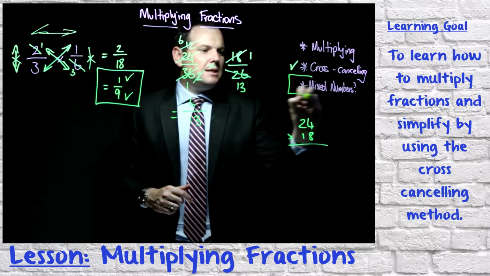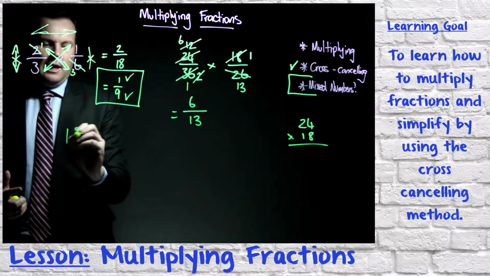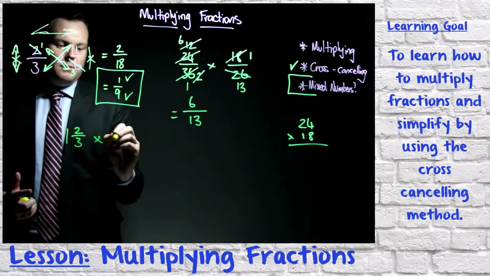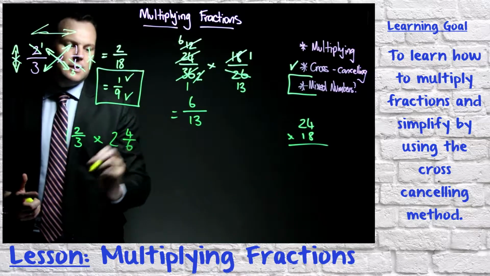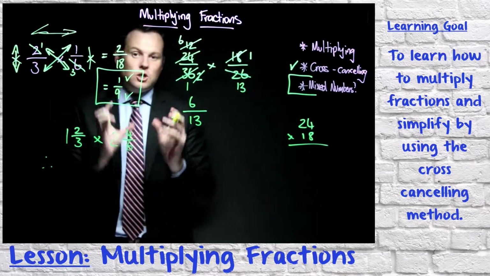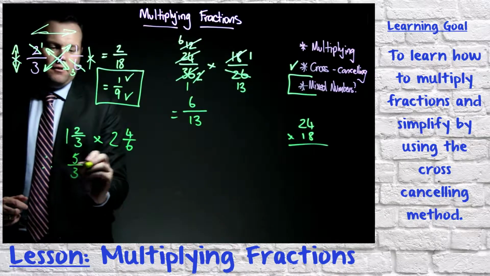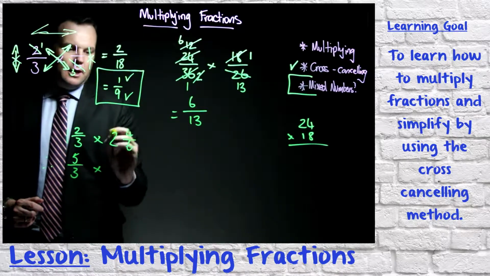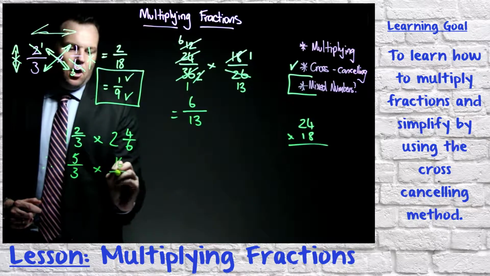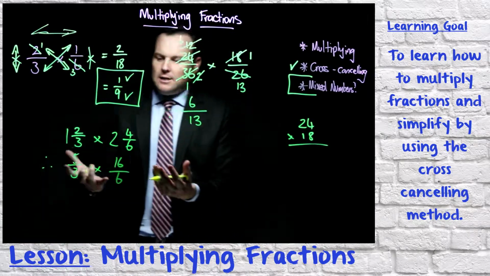Now, mixed numbers. The only rule with mixed numbers, if I have something like 1 and 2 over 3 times 2 and 4 over 6, is you have to turn them into improper fractions before you do the multiplication. So I'd need to change that to 5 over 3 times 16 over 6, and then I could do my cross-cancelling if there is any.